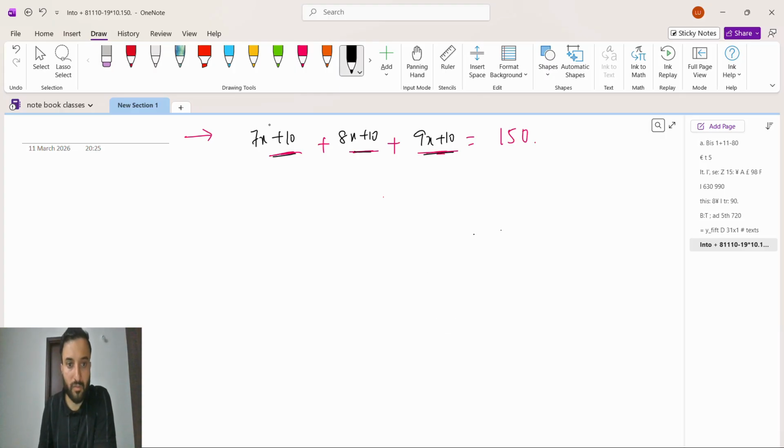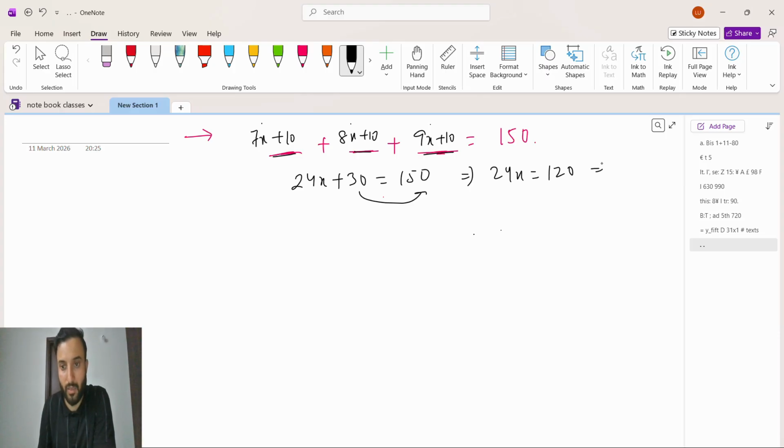So 7x plus 8x plus 9x: 7 plus 8, 15, 15 plus 9, 24x, plus 10, 20, 30 equals 150. This plus 30 will go to that side, it will become minus 30. So 24x is equal to 150 minus 30, which is 120. So x is equal to 120 divided by 24.